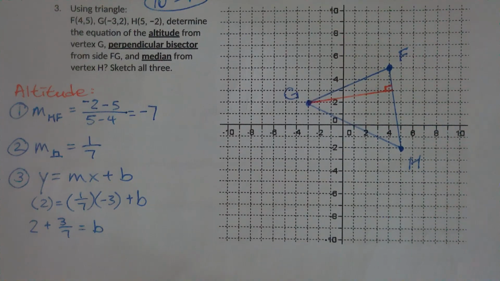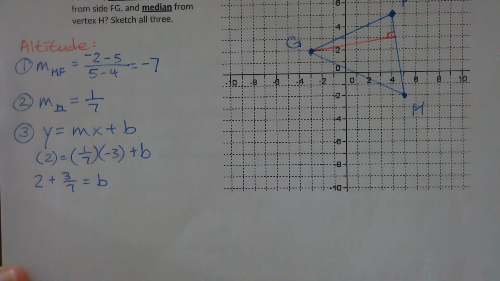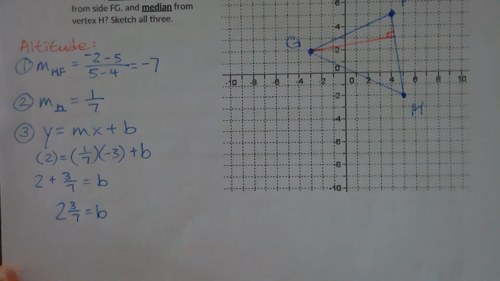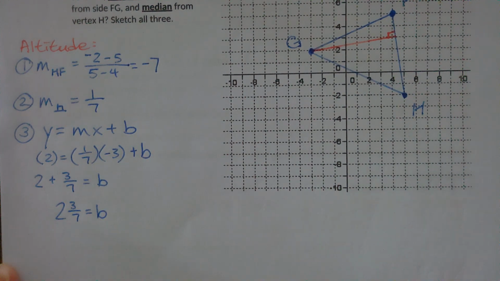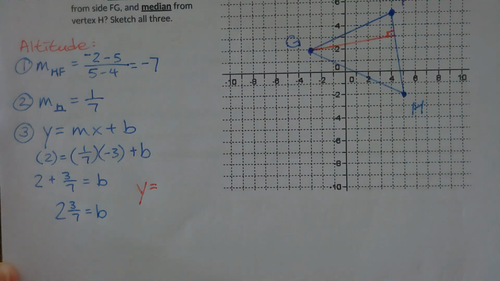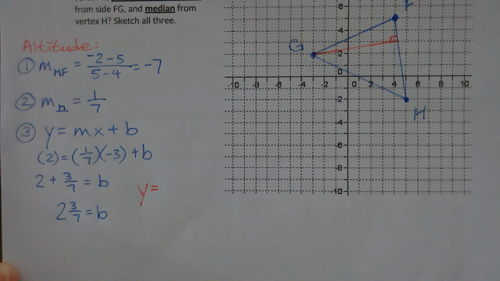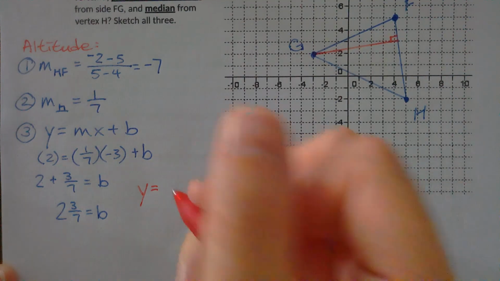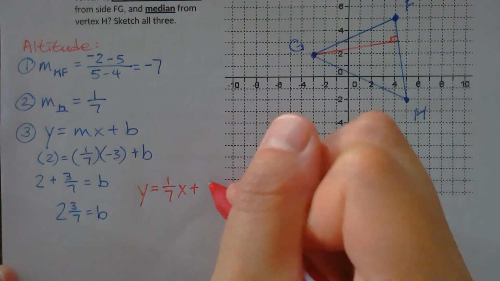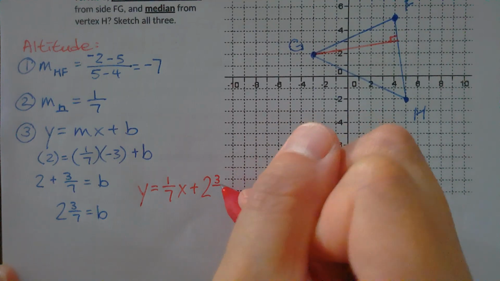Both are fine, just no decimal. So I could just simply say this is 2 and 3/7. So therefore, the equation of my altitude would be y equals, the red line, Jonathan? Y equals 1 over 7x plus 2 and 3 over 7. Perfect.